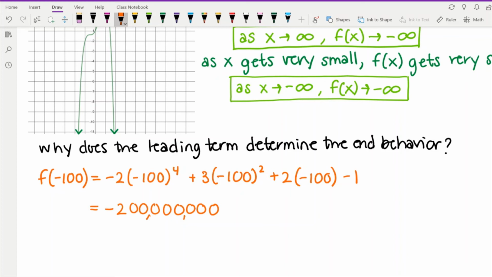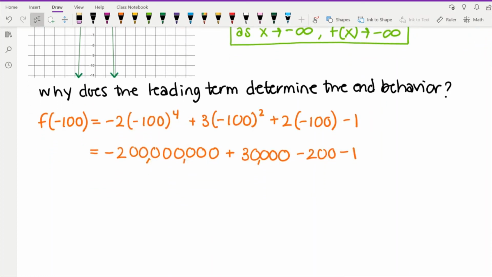And then what about this next part? Well, this next part would be 3 times 100 squared. So that would be 3 with 4 zeros, so 30,000. This next part would be minus 200, and this would be minus 1. So what's going on here is that even though these are big numbers, these are not insignificant.